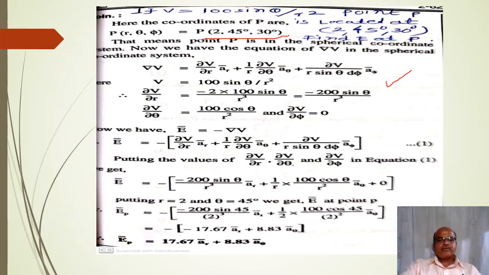So find in which coordinate system the problem is given, then use the corresponding formula for gradient, only take partial derivatives, and fill in the values. If they ask at a particular point, fill in those values in that equation and we'll get the answer.